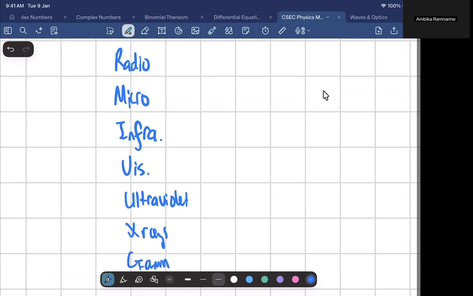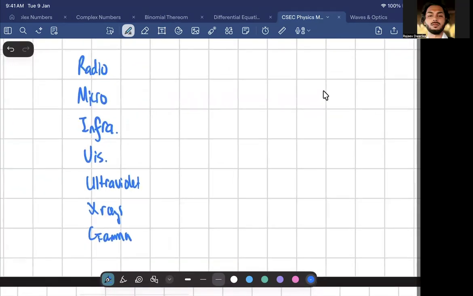Quickly tell me which one has the highest frequency? Which one has the smallest wavelength? Which one has the largest wavelength? Radio waves.